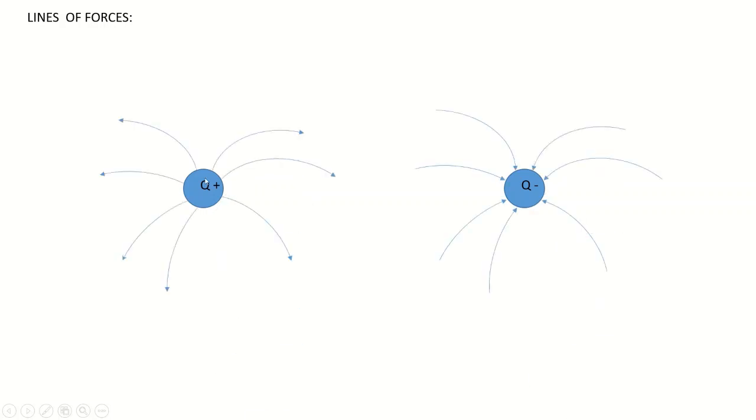On the plus q charge, the electric field lines point outward, and on the minus q charge, the electric field lines point inward. In the first case the lines move away from the charge, and in the second case the lines come inward. So here we come down to the properties of the electric field lines.